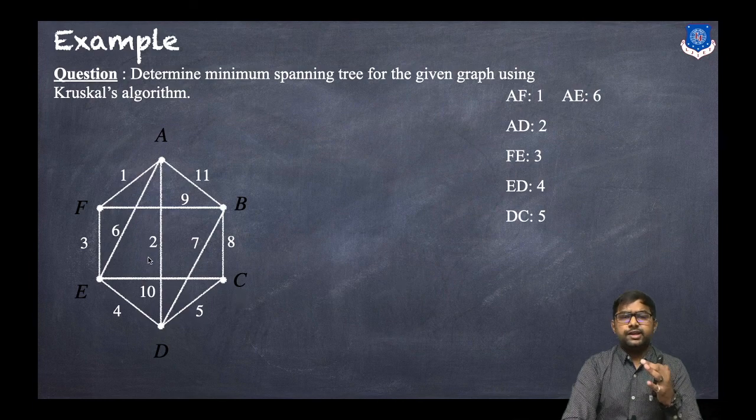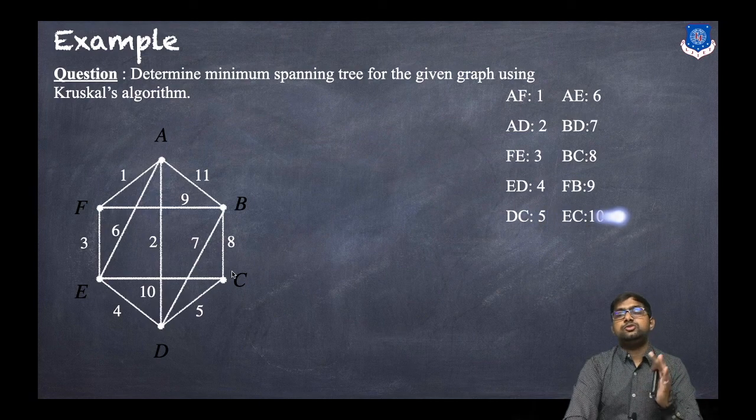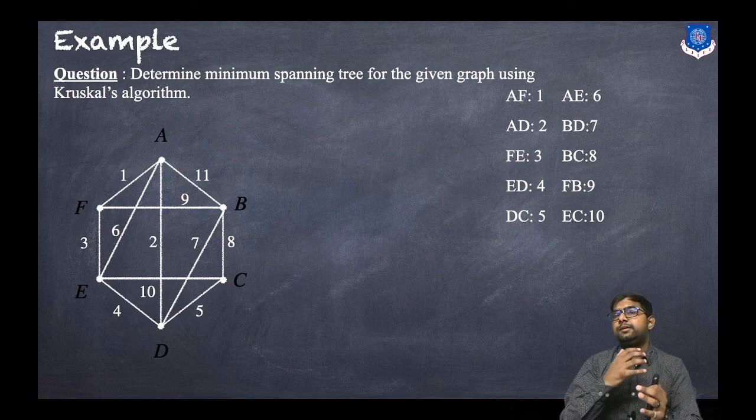After 5 we have AE, which is 6. Then we have 7, which is DB or BD. Next 8, which is BC. And 9 we have FB, which has weight 9. And last we have E and C, which is 10. So we have listed all the edges with their weights in increasing order.